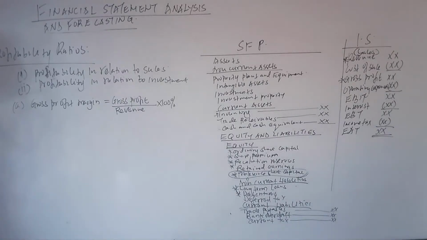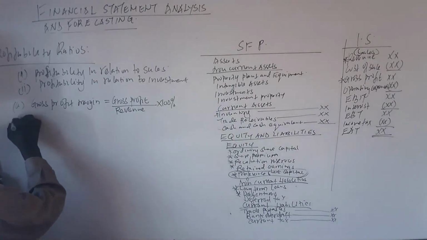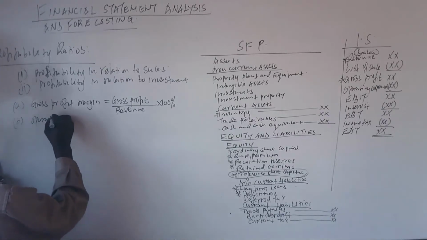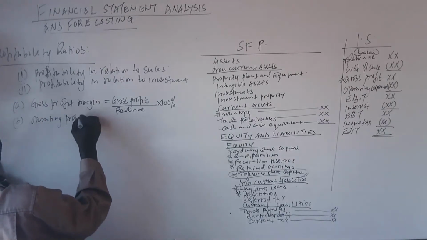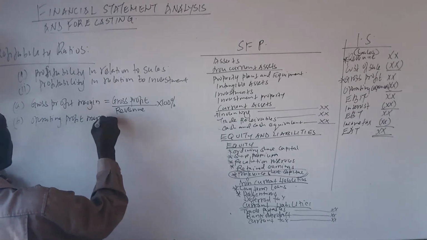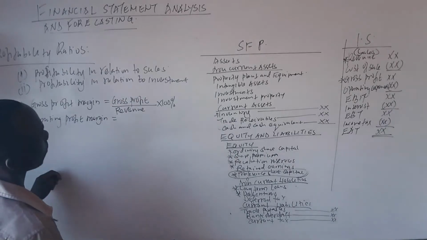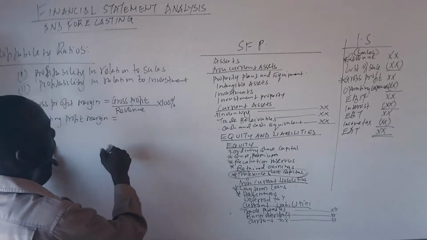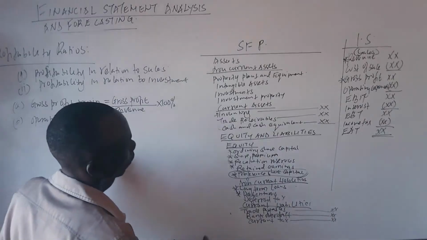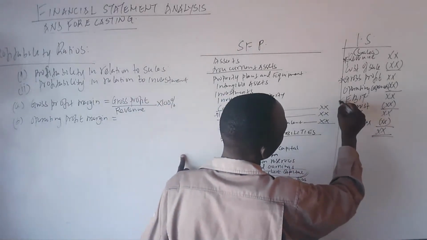Then we go to the next one, the operating profit margin. How do we come up with the operating profit margin? We take the operating profit.